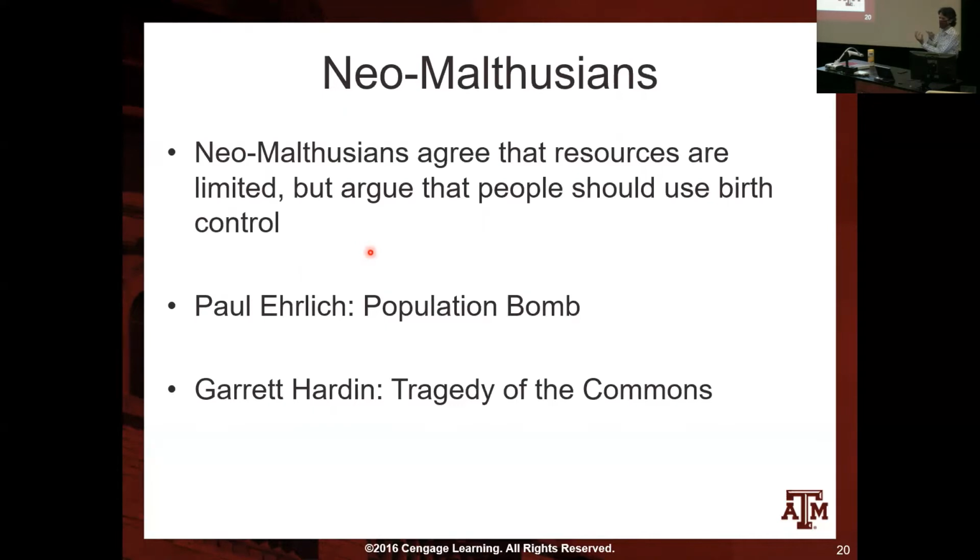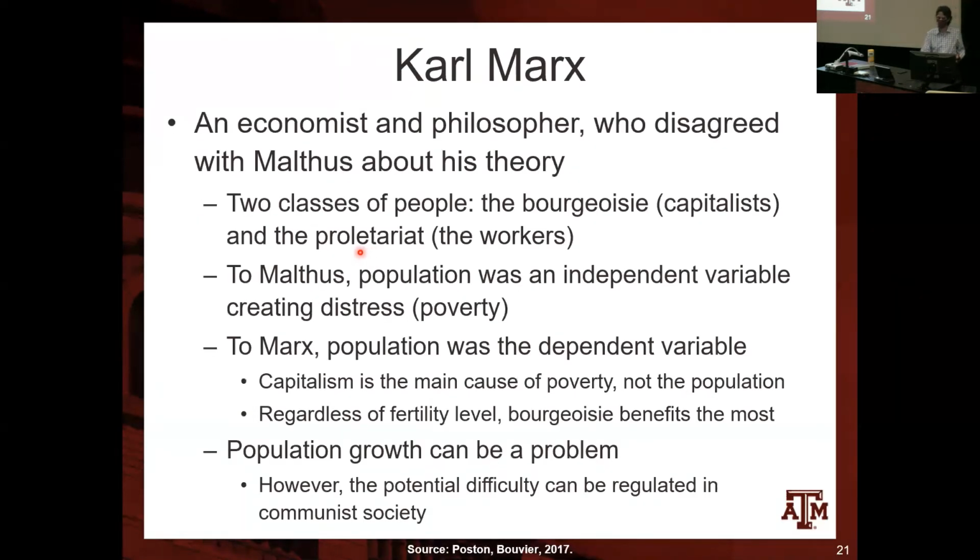At the same time, they're not negating the fact that poverty actually is the cause of people having a lot of children. So population growth might cause poverty, but poverty causes population growth. So you can try to deal with this issue in different ways. Providing birth control, family planning programs, using this new Malthusian approach, but also thinking as Karl Marx suggested.